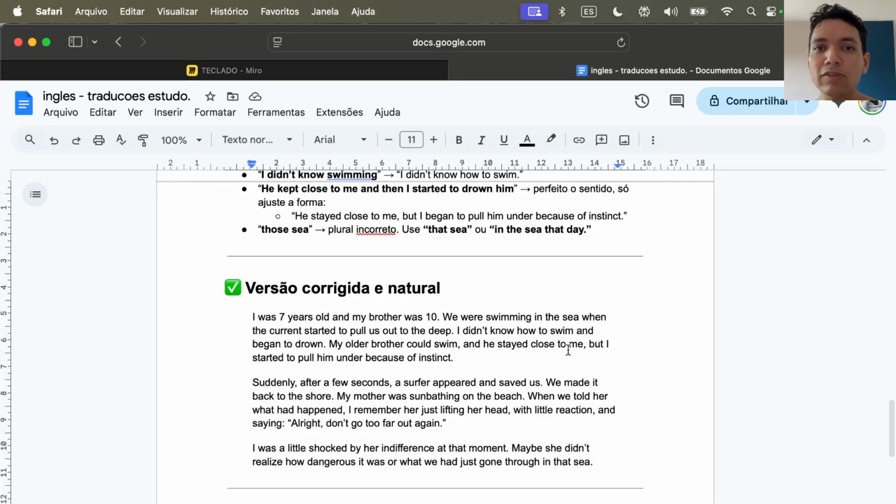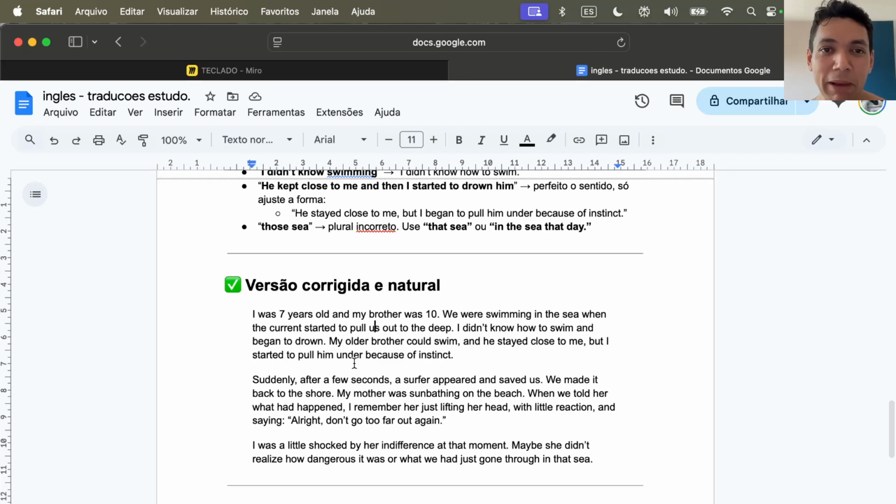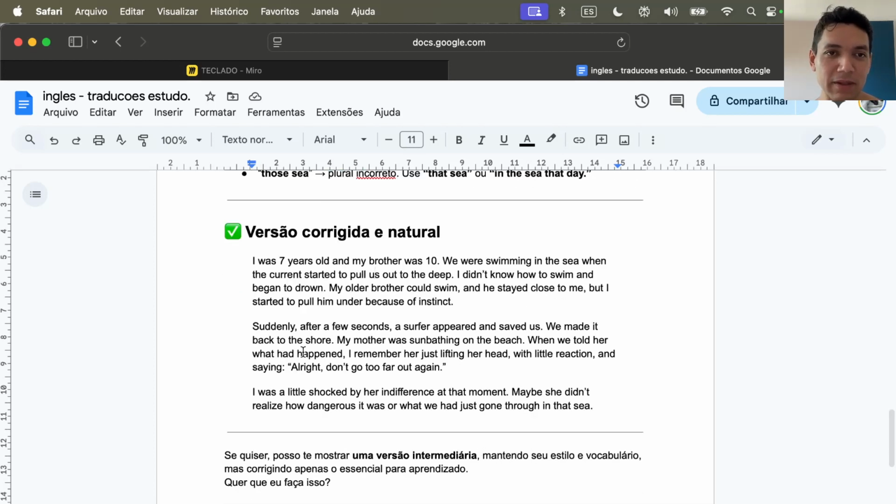I didn't know how to swim and began to drown, you got it, guys. My older brother could swim and he stayed close to me, but I started to pull him under because of instinct. Suddenly, after a few seconds, a surfer appeared and saved us. We made it back to the shore.